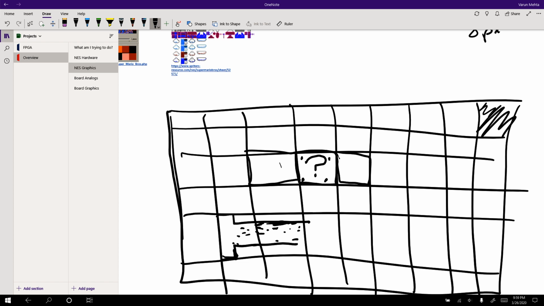So this is a much less expensive part of the hardware, because basically what the graphic system does is it starts at the top of the screen, and it looks all the way across. And as it looks at each spot, it says which tile is supposed to be here.